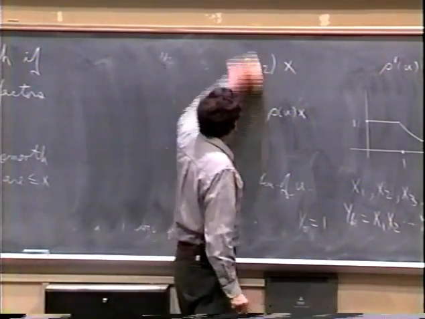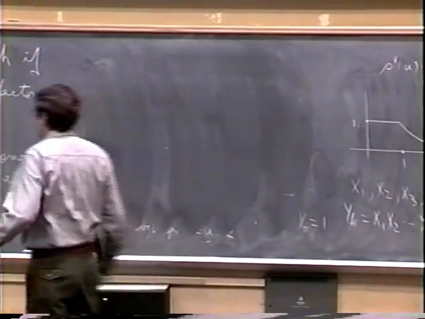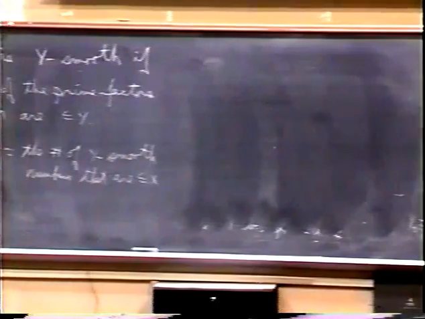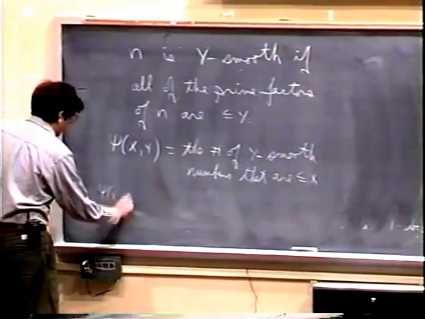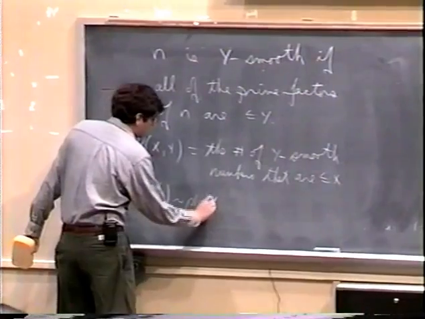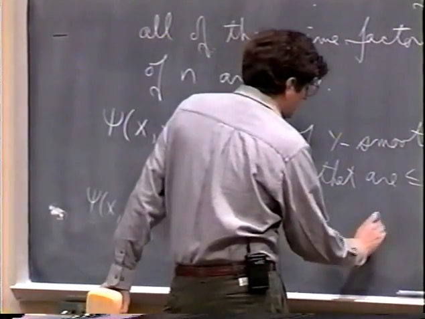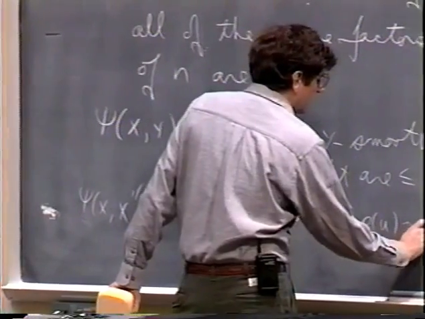Perhaps I can record some facts that we learned here. We have psi of x to the 1 over u, asymptotically rho of u times x as x goes to infinity, and rho of u is about u to the minus u.